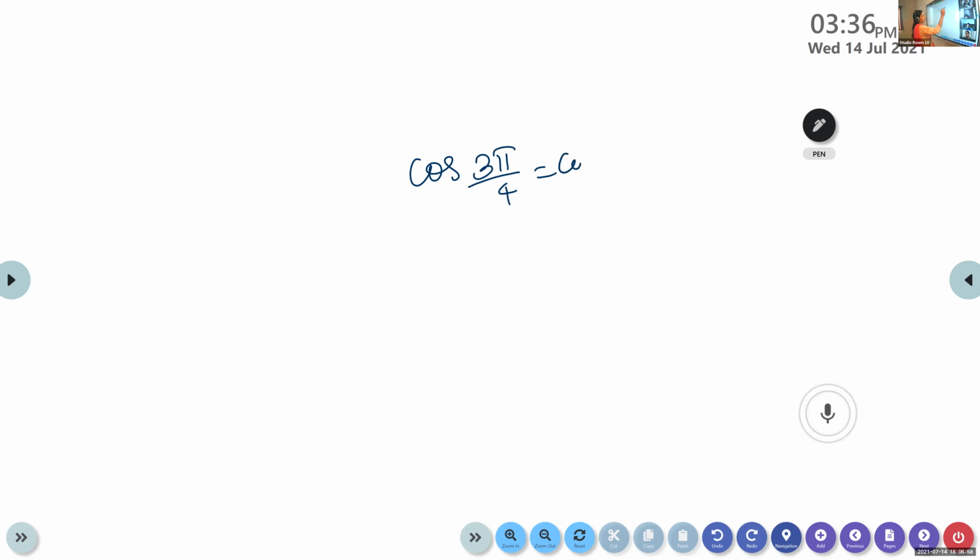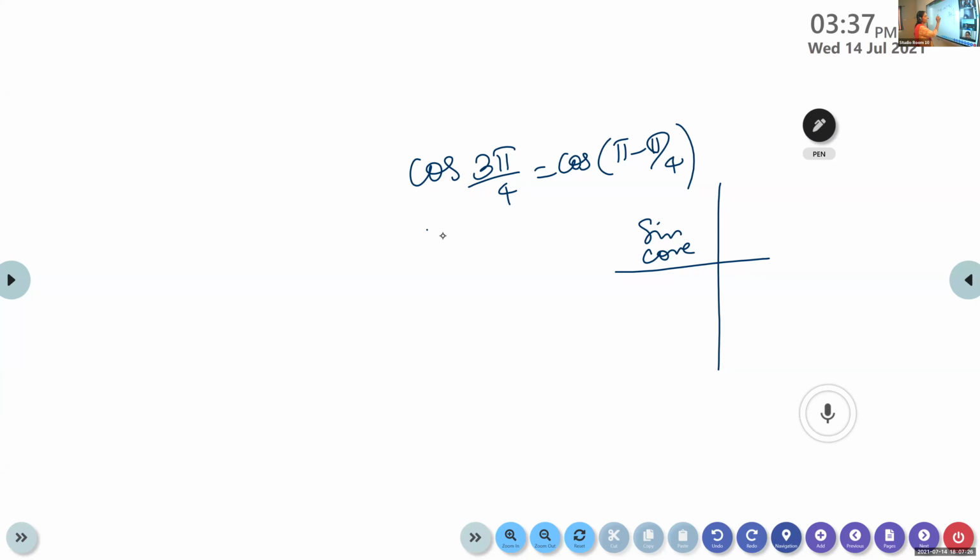We'll write this as cos of pi minus pi by 4, isn't it? What is cos of 180 minus theta? In which quadrant will it come? Cos of 180 minus theta, Gayatri? Second quadrant. In the second quadrant, sine and cosec are positive, isn't it?